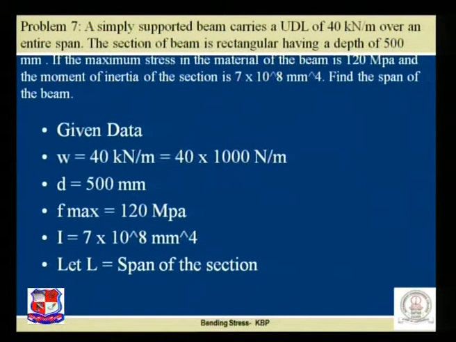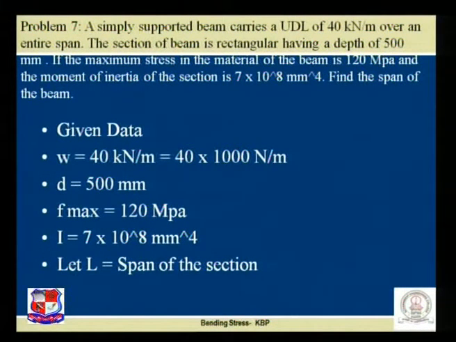Number 7 problem. A simply supported beam carries a UDL of 40 kilonewton per meter over the entire span. The section of the beam is rectangular, having a depth of 500 mm.